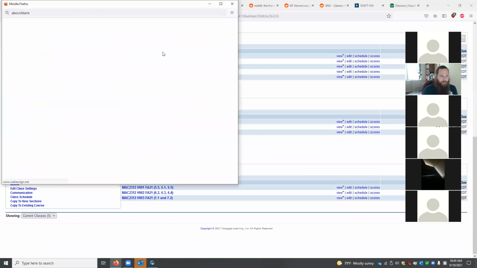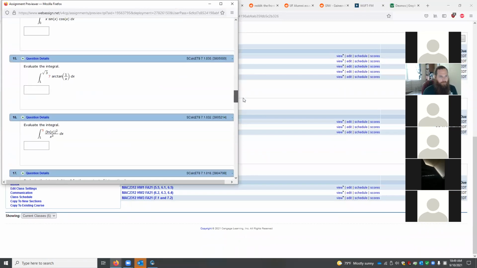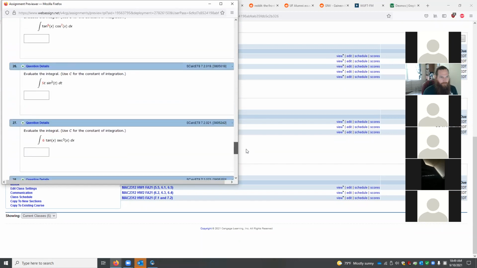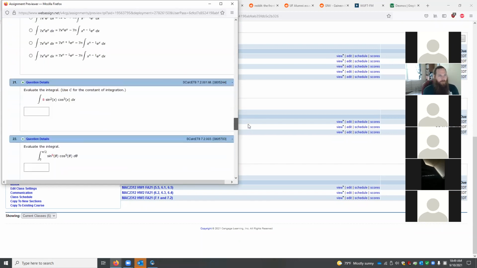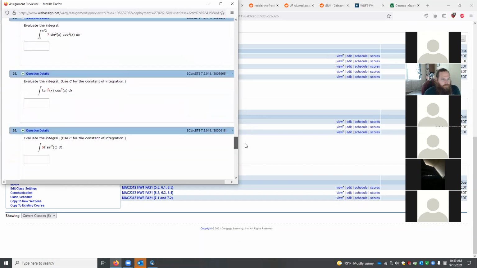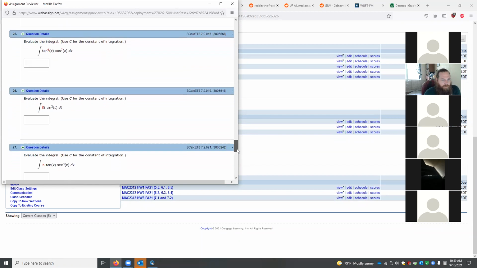All right, so here's your current homework set, homework 3. Plenty of integration by parts. Okay, so what do we got? Lots of sine cosine integrals. This one is a tangent cosine integral. You can handle this. You're just going to have to think about it a little bit.